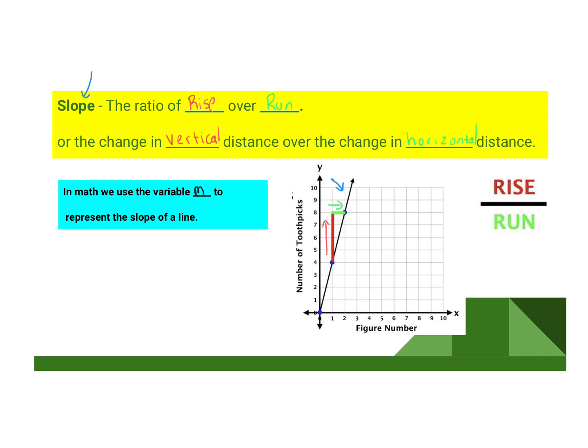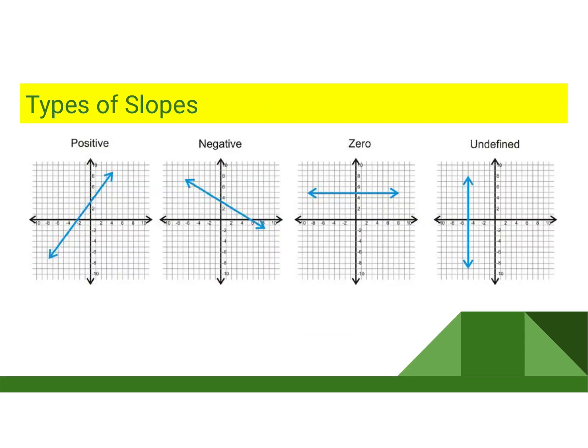Okay, so you're not going to have to calculate the slope this year. We're just going to learn what the word slope means and how we describe the slope of a line. Here are the different types of slopes we can have. If our slope here is going up, we can say it's a positive slope.